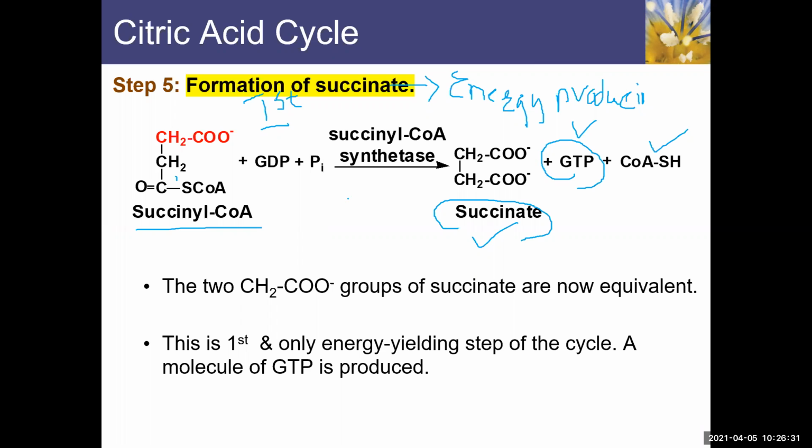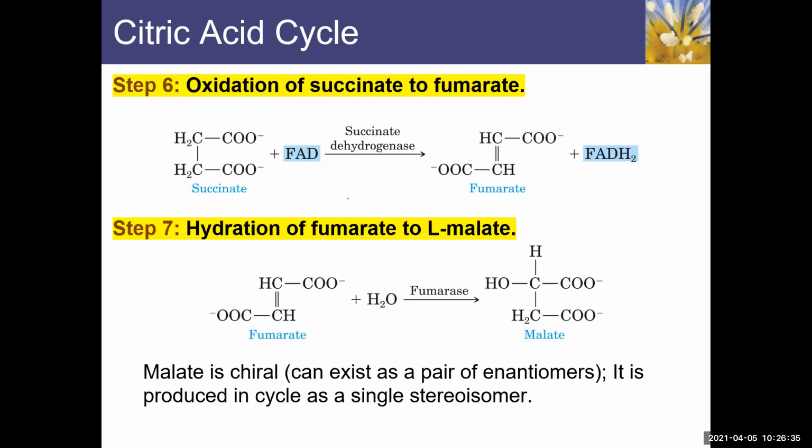Now we have step 6 here. In step 6, what's happening? The dehydrogenation will happen here. That is why we have FADH2 produced from FAD.